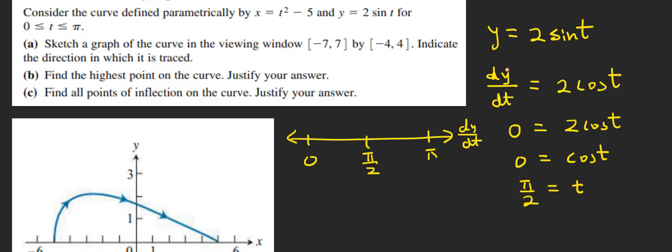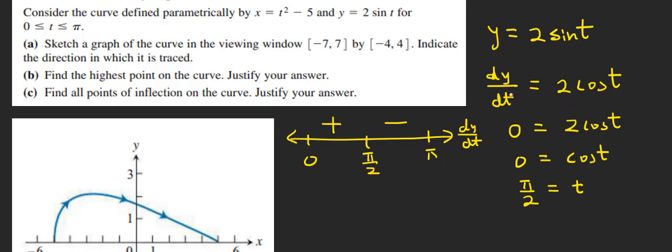When you plug in pi over 4, you'll notice that dy over dt is positive. What about over here? What is a nice number that you could choose? Choose a number between pi over 2 and pi and plug in for t. You'll notice that it will be negative. So the maximum will occur at pi over 2.